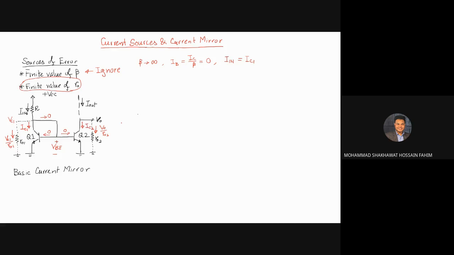Now the input current: when we consider finite beta, I in equals IC1 plus the base current IB, but we are ignoring that part. Considering finite R naught, we get this additional current added to IC1. So to IC1 we add VC1 divided by R01, and that will be our input current.